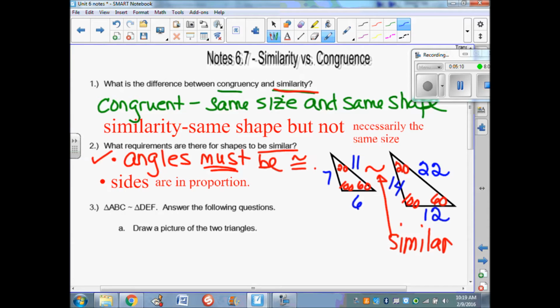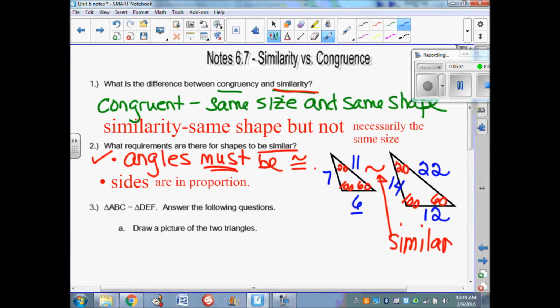So what kind of pattern are you seeing? I went from 6, 7, and 11 on the small triangle, and now for the larger triangle, I made them 12, 14, 22. What kind of pattern are you noticing?